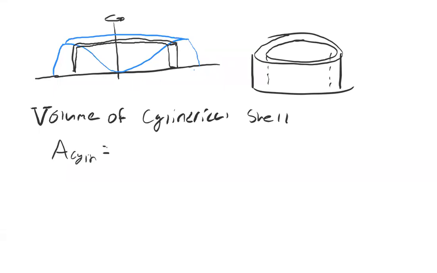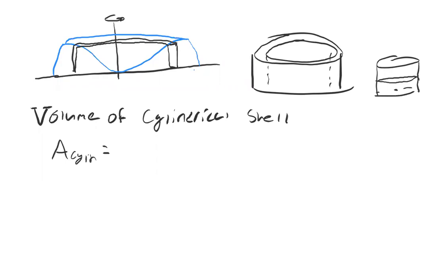So for the surface area of the cylinder, I can still do the trick that we were doing for the volume. I can break it up into a cross section, and the cross section of this hollow cylinder is the circumference, so the cross section is a circle.